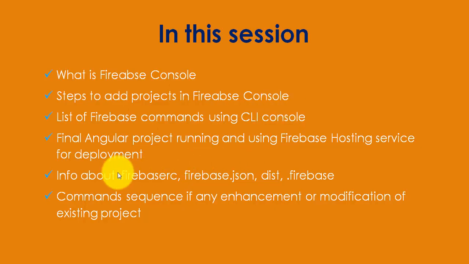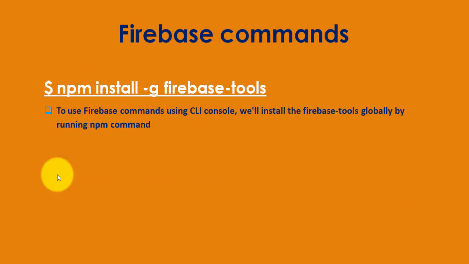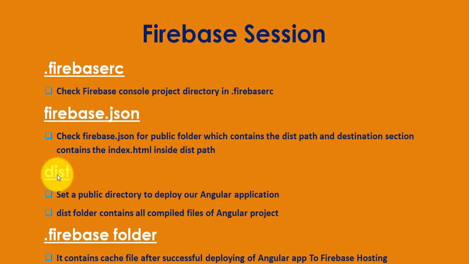Our next one is the information about .firebaserc, firebase.json, the dist folder, and the .firebase folder. So for this we need to go to the sheet. So .firebaserc is the Firebase console project directory.